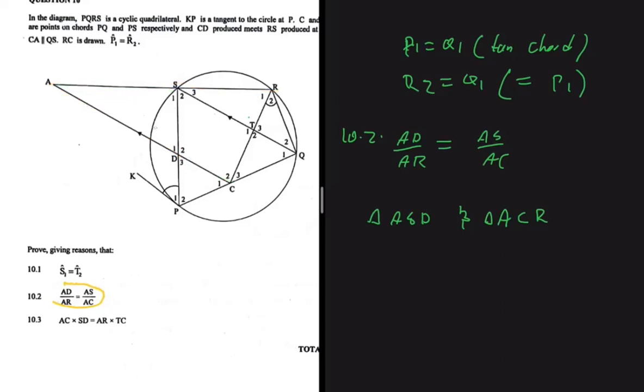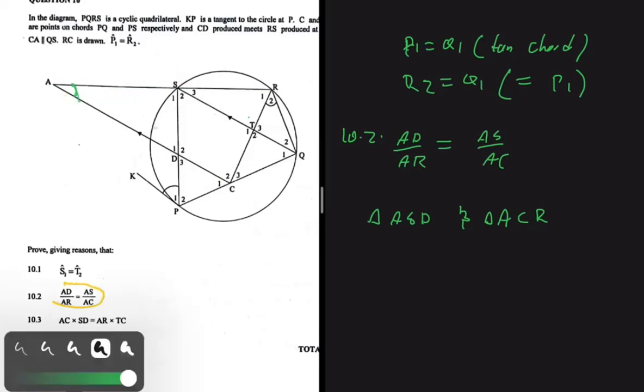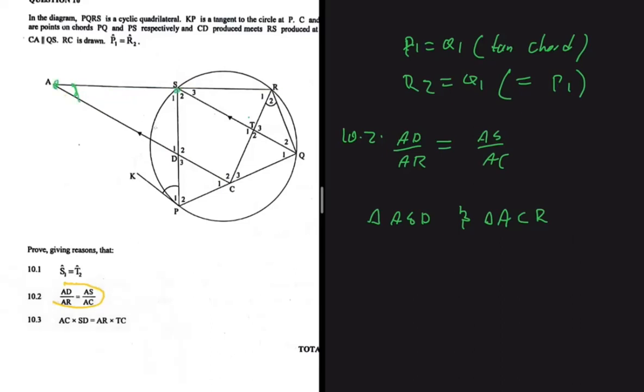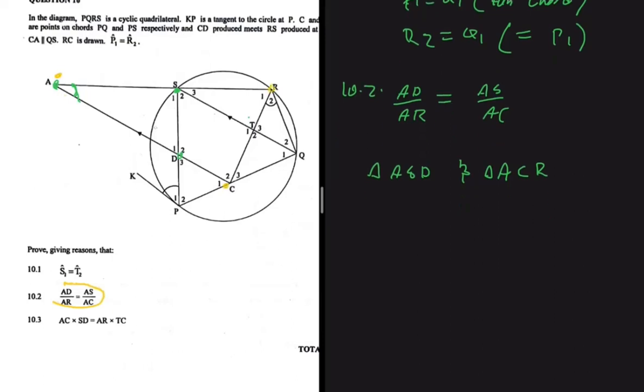You can see here that A is a shared angle of the two triangles ASD and ACR, right? A is a common angle. So we can say that angle A is equal to angle A, obviously, right? This is a common angle. There isn't really much to say there.